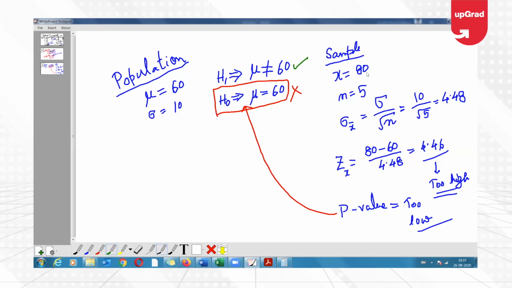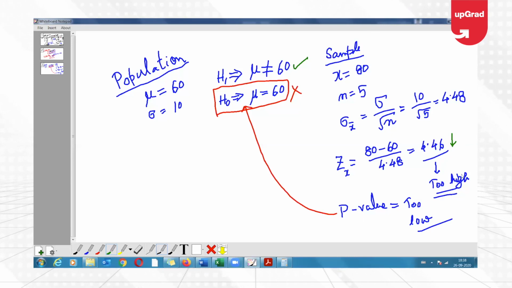So what we can clearly say is that it's very obvious that something has really changed. If you see the number intuitively also, it looks to be changed. Now let's take an exercise. Let's try to see how we can increase the p-value here. Which means if I have to increase the p-value, I have to decrease this z-score.